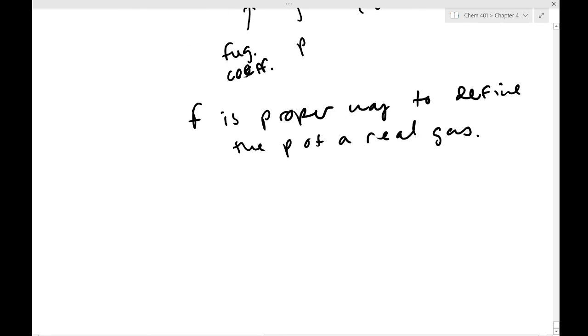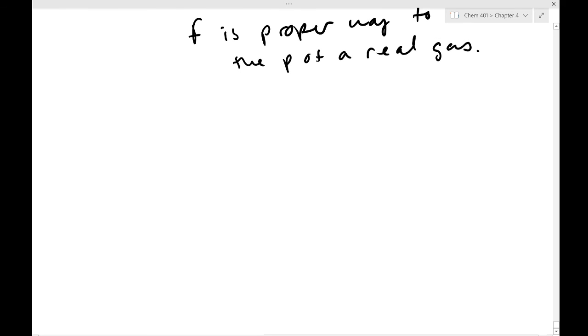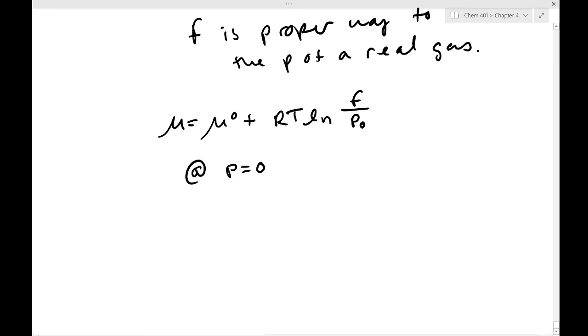We can plug this back into our chemical potential equation. So mu is now equal to mu naught plus RT times the natural log of f over P naught. Now at pressure equal to 0, remember on the graph everything approaches this ideal case.